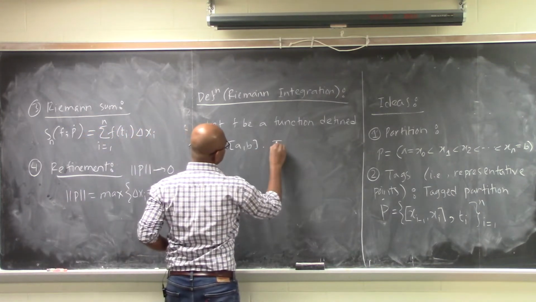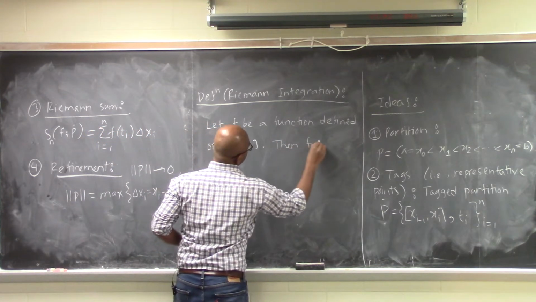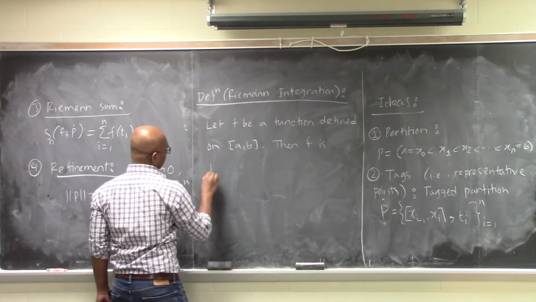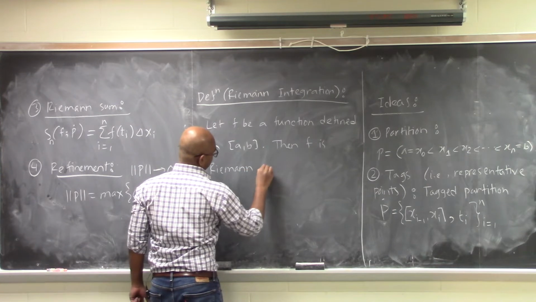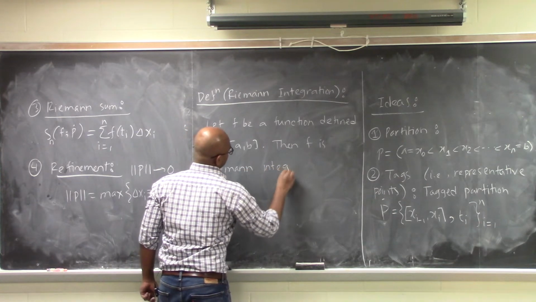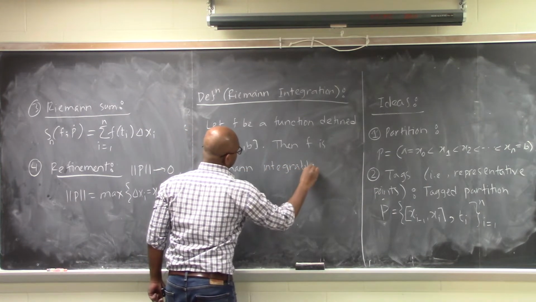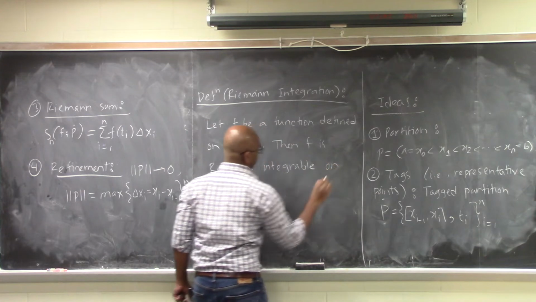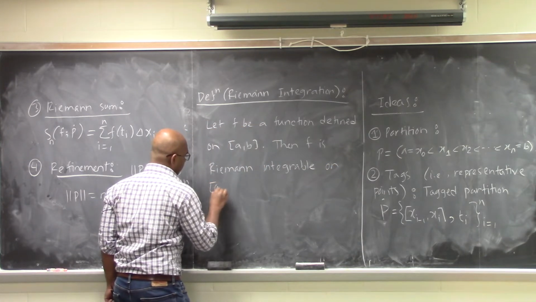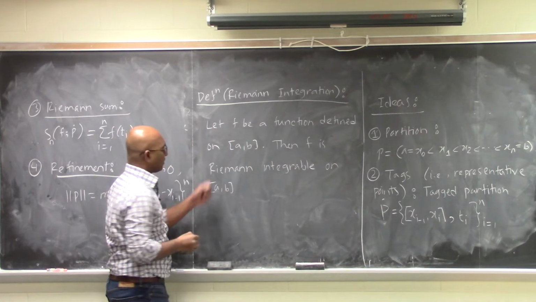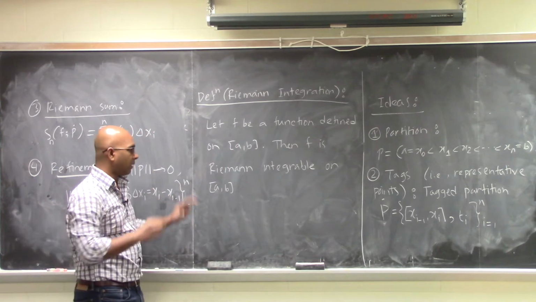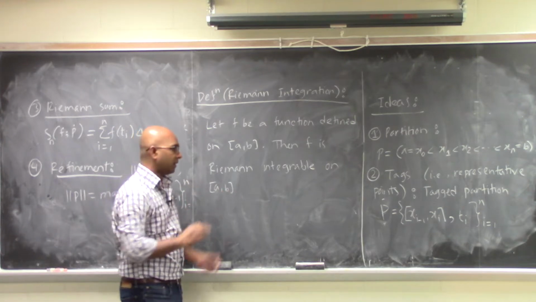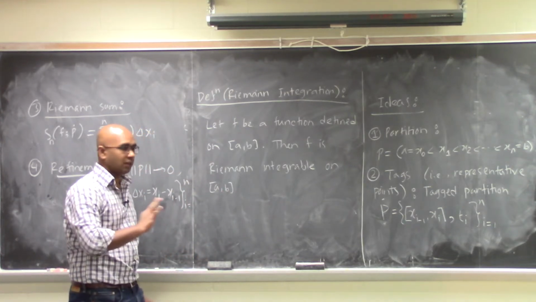Then f is Riemann integrable on this interval a to b. So notice here we assume this interval to be closed and bounded. You can actually relax this, but for now let's just keep it like this. You cannot relax this every time.